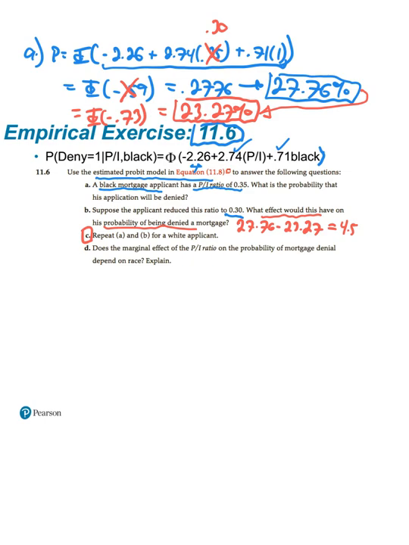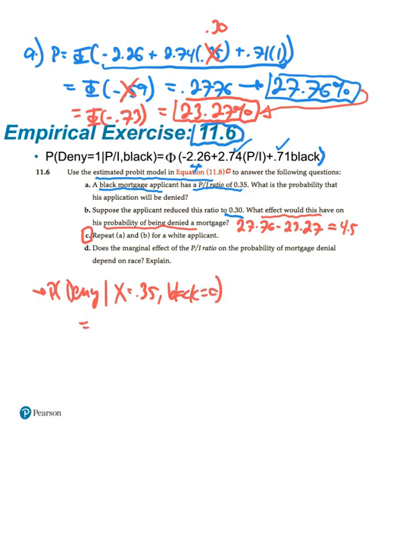So with C, we're going to repeat this. We're going to do the same exact thing. We're going to go with the probability of deny, given that X is equal to 0.35, and that black is equal to 0 since we have a white applicant.